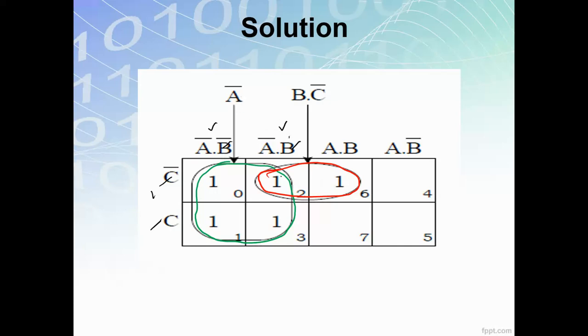Okay, and then for the red loop here, they involve this column A bar dot B and also A bar, and they involve the row of C bar. Then we can eliminate A and A bar so that we get the expression B dot C bar. Your answer should be Y equals A bar plus B dot C bar.